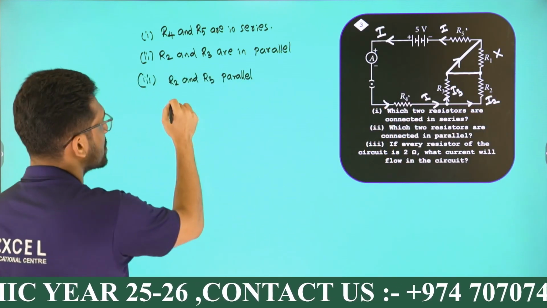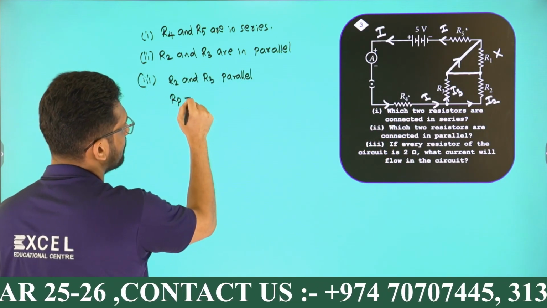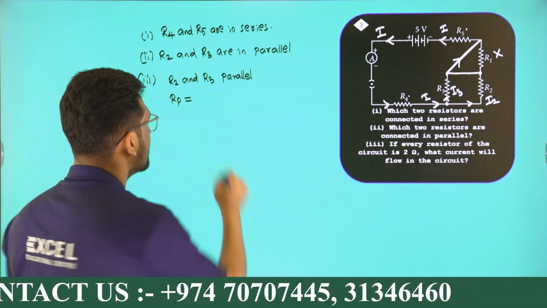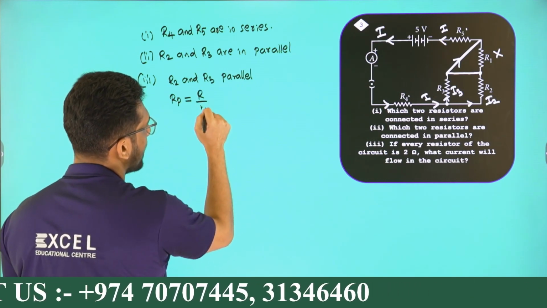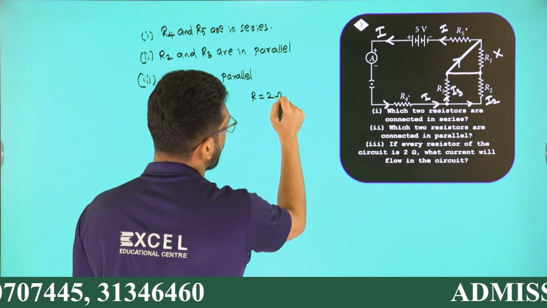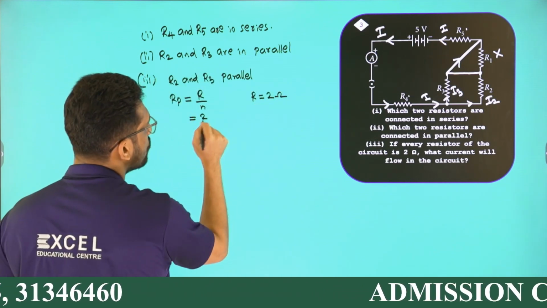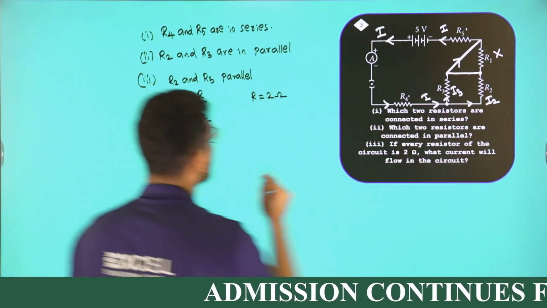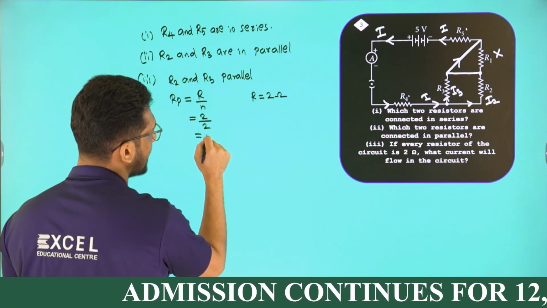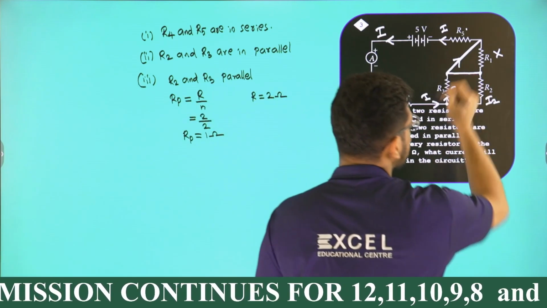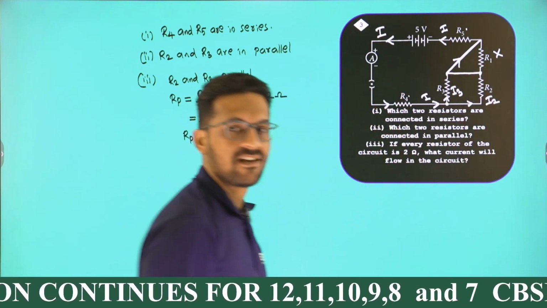There is an equation for effective resistance in parallel. If the resistors are identical, there is a similar equation, R by N. R is given as 2 ohm, and N, the number of resistors, is 2. So 2 by 2 is 1 ohm. 1 ohm is the resistance of this combination.